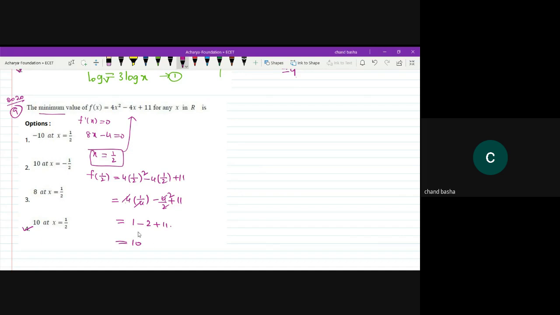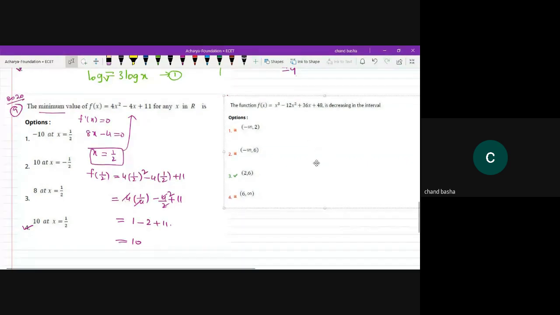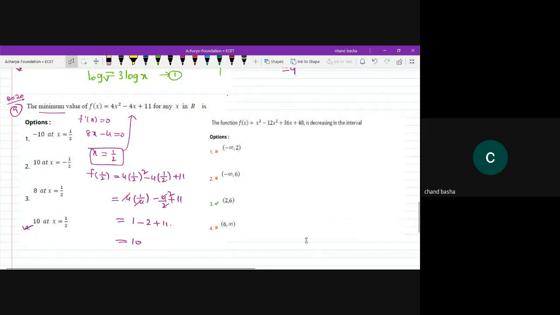In which interval your function is decreasing? Question is from 21. For a decreasing function, f dash of x is less than 0, not greater than 0. Less than 0.